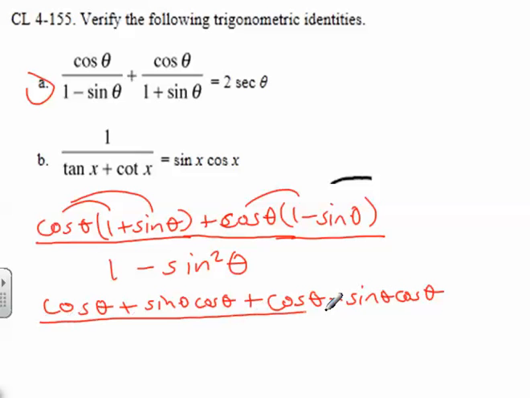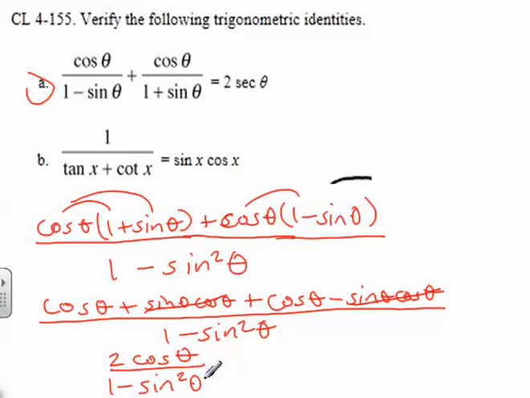And the one nice part about this is we've got positive sine cos and a negative sine cos that will cancel each other. And so I'm left with 2 cosines. So 2 cosine theta over 1 minus sine.